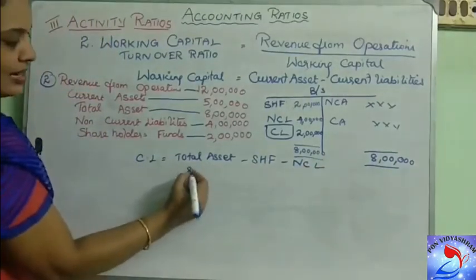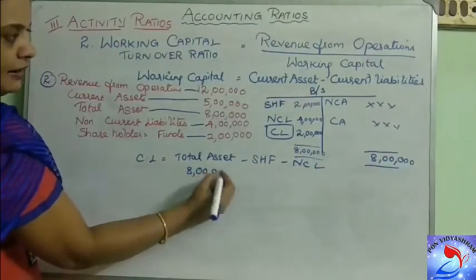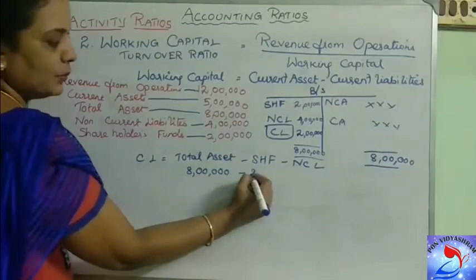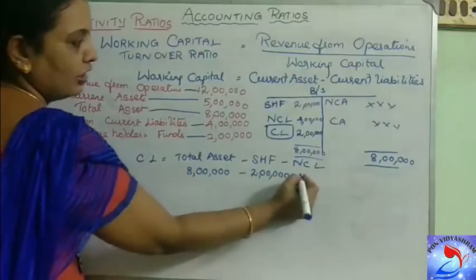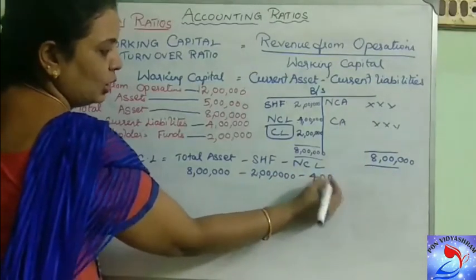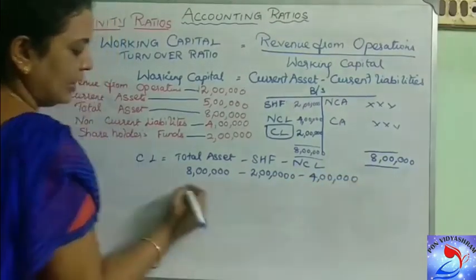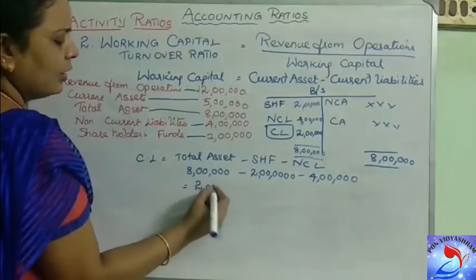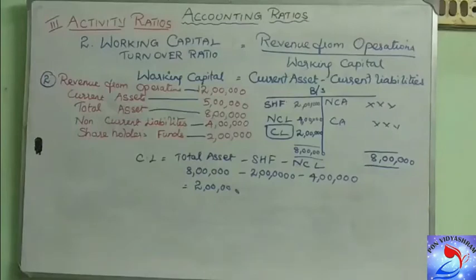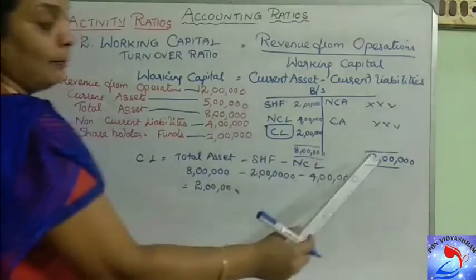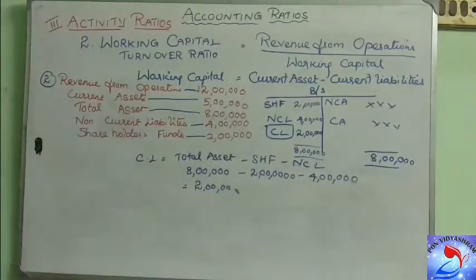That is total asset 8 lakh minus shareholders fund 2 lakh minus non-current liability 4 lakh, which will give you 2 lakh as your current liability. I could have directly applied the formula and told you the current liability. But if you recall the balance sheet and do it, it will be an easy method. Always remember the headings of the balance sheet.